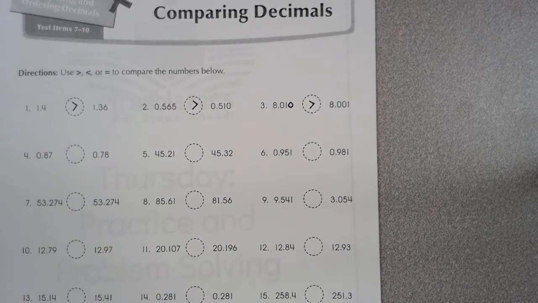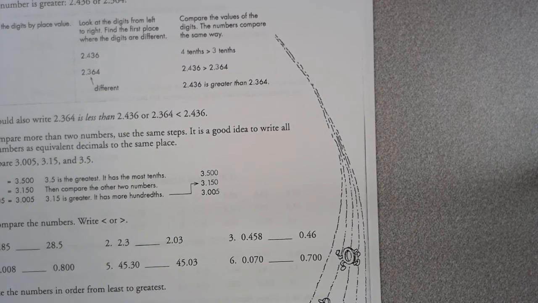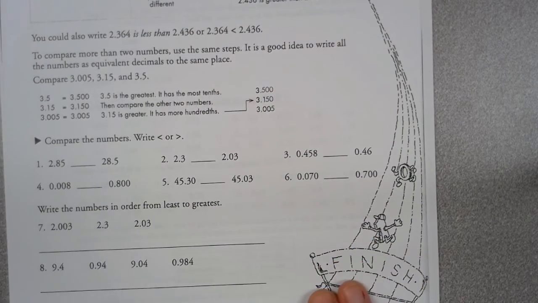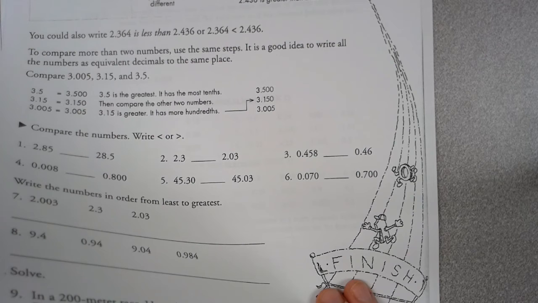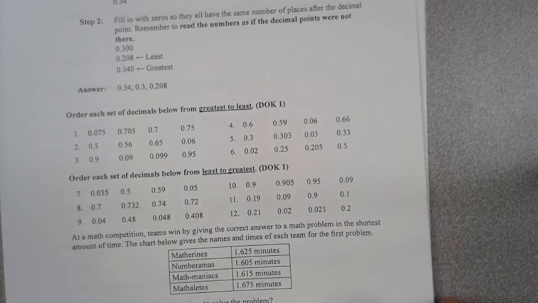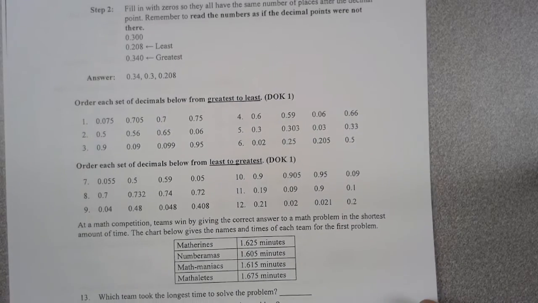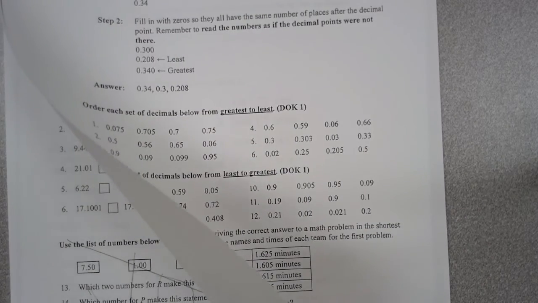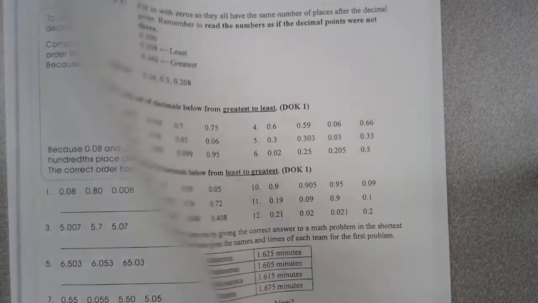So just do this. Now, for your practice and problem solving, when you get to it, you are comparing and ordering. And then right here, you will need to use a blank sheet of notebook paper if you have it. If not, just use something that you have.